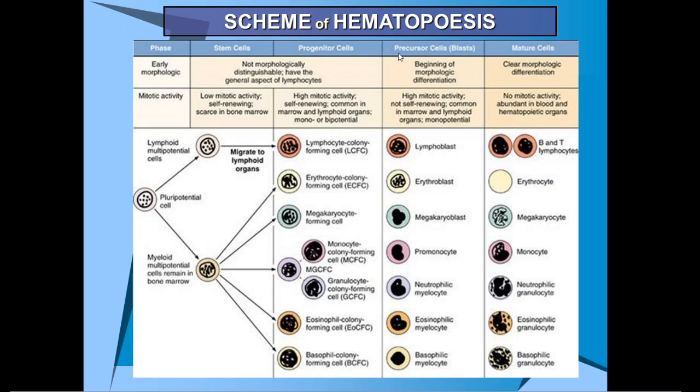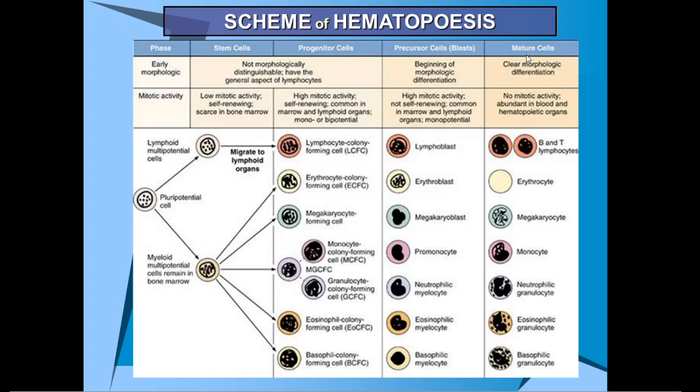So this column, please look here, precursor cells or blasts, and this column is so-called matured cells. So classically, for example, in the clinical analysis of the blood, we usually assess presence and amount of cells from this last column, from matured cells.